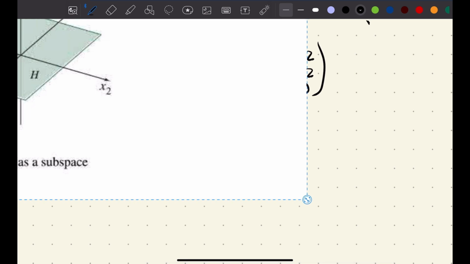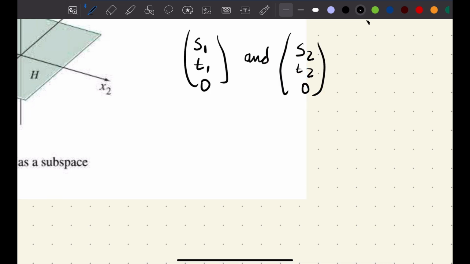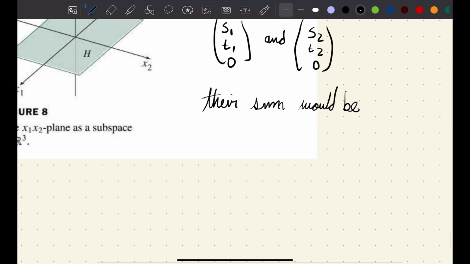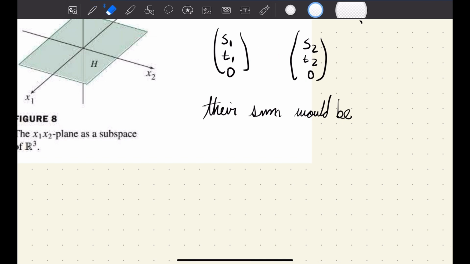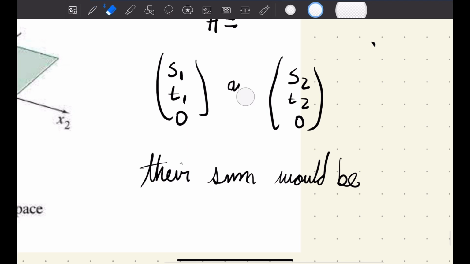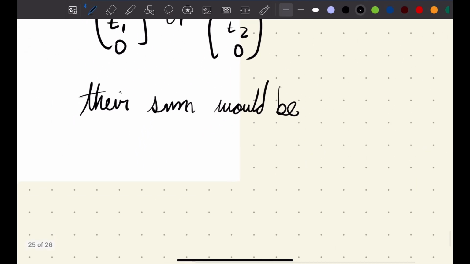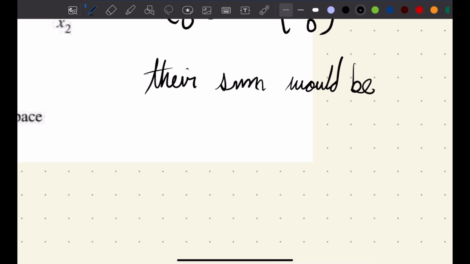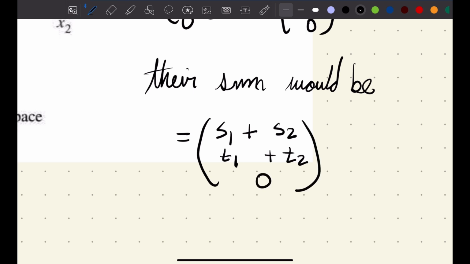Their sum will be S1 plus S2, T1 plus T2, and of course 0.